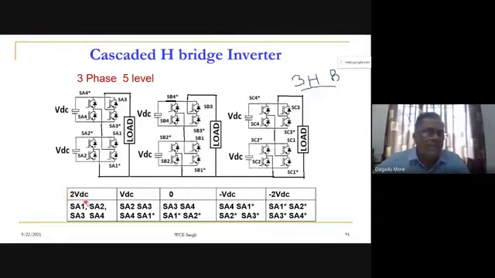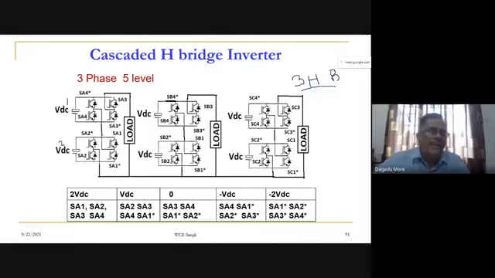One level will be a twice VDC whenever these 2 DC sources come in series across the load. You can call them VDC 1 and VDC 2, this is one source, and this is a second source.